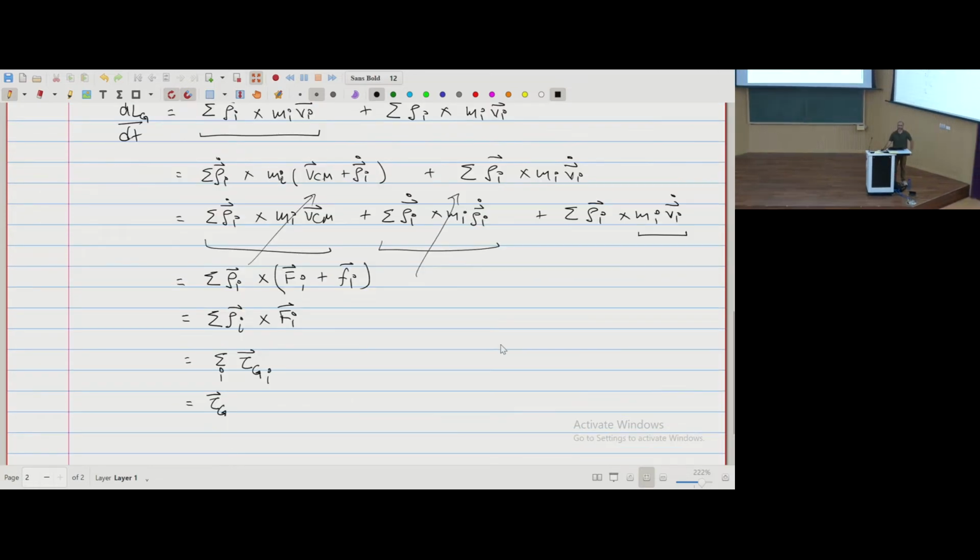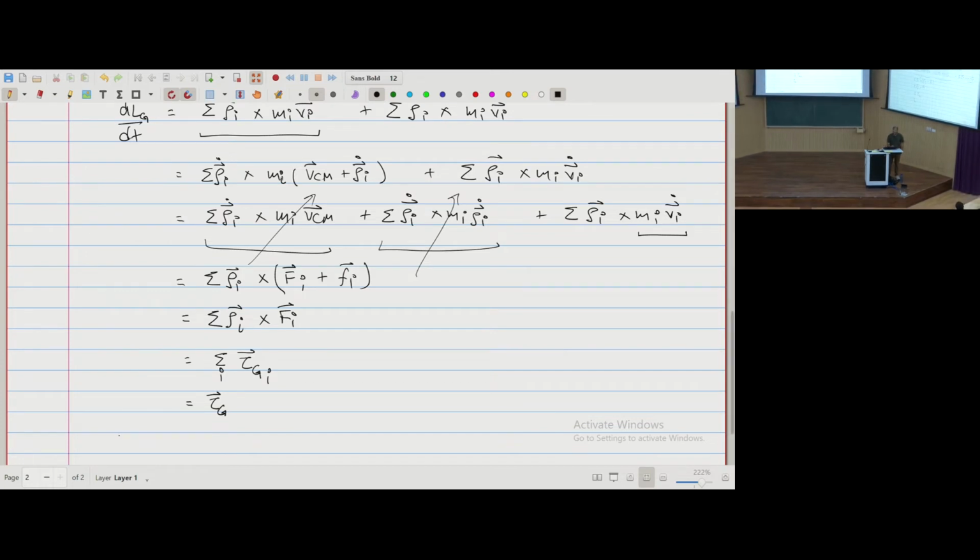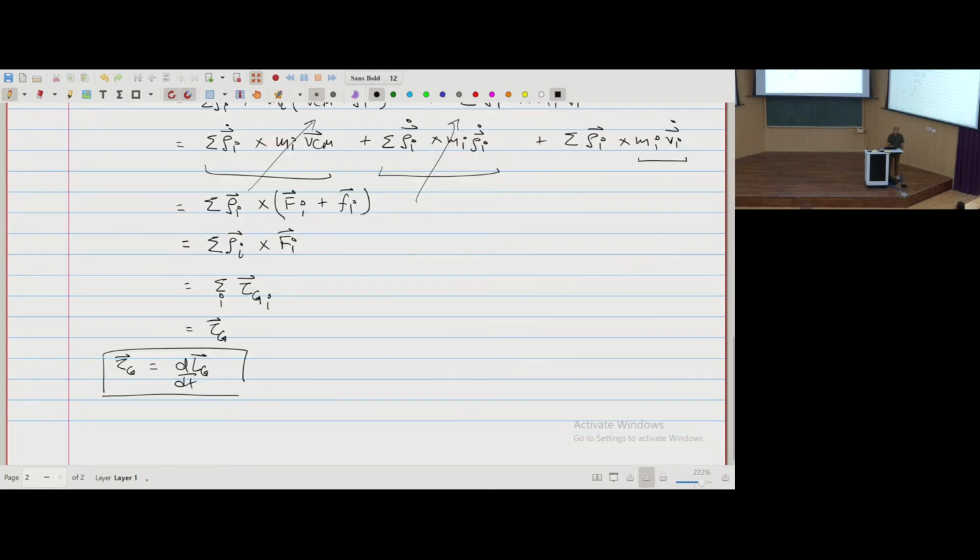So we are happy that the dynamical relation is torque about center of mass is equal to d by dt of the angular momentum about center of mass of a system of particles.